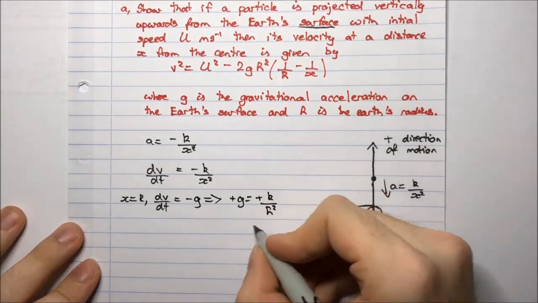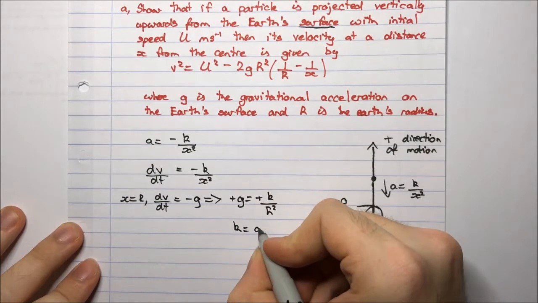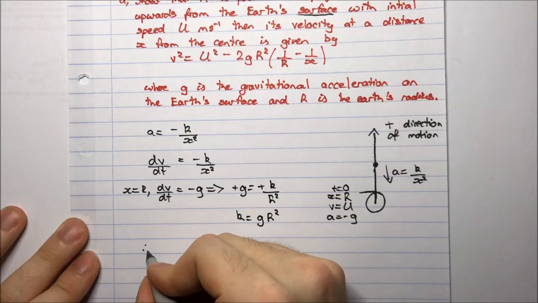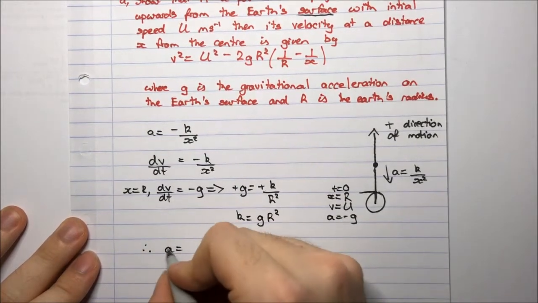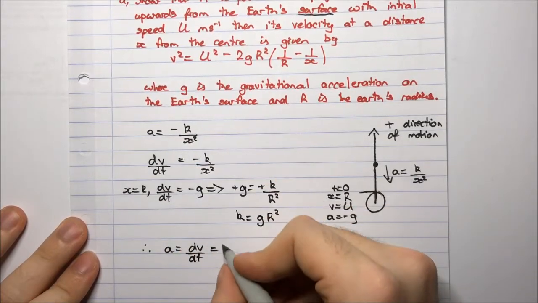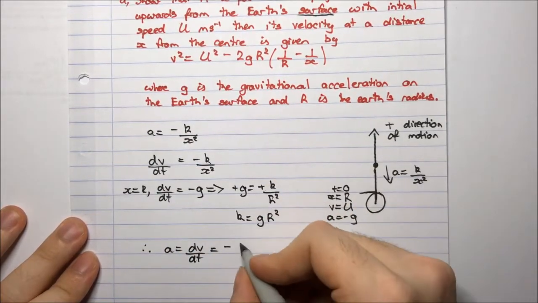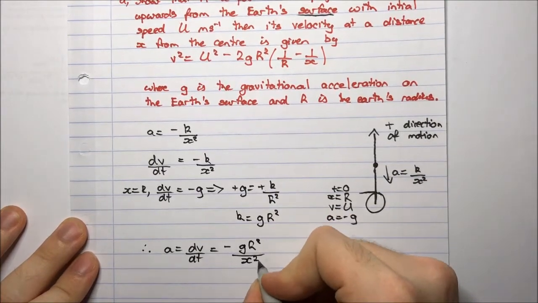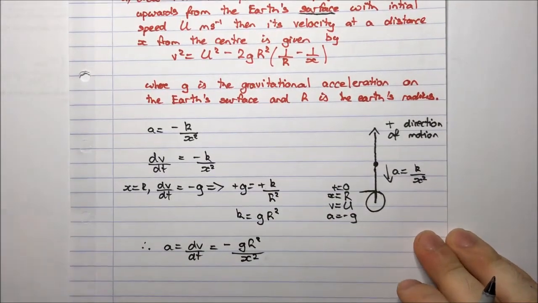Positive, positive. So k equals g r squared. Great, so my acceleration, which is dv on dt, is equal to negative k, but we've just worked out that k is gr squared, over x squared. Great.